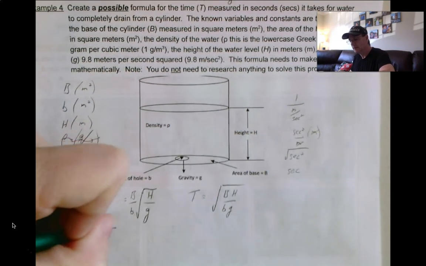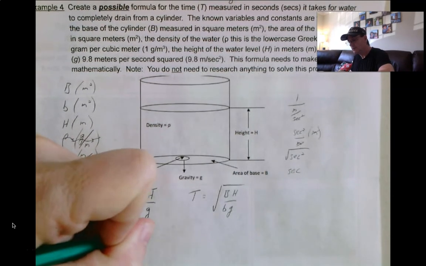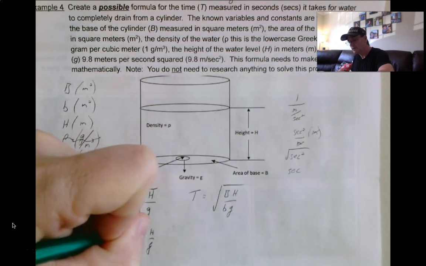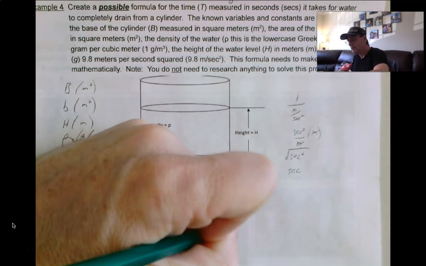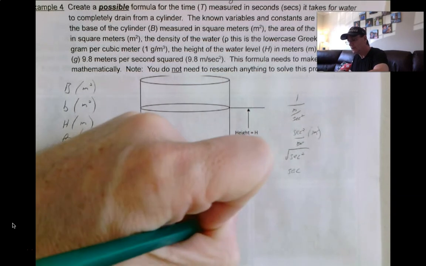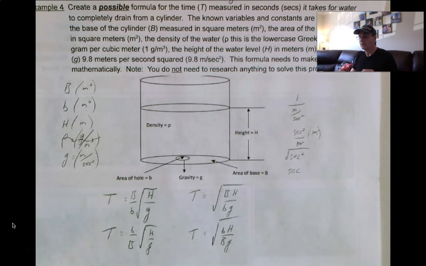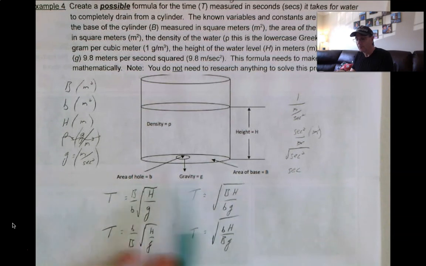The others are little b over big B, square root H over G, and little b H over big B G. Okay, these are our possible formulas. You only have to find one of them. It doesn't matter which one actually is the one that works.